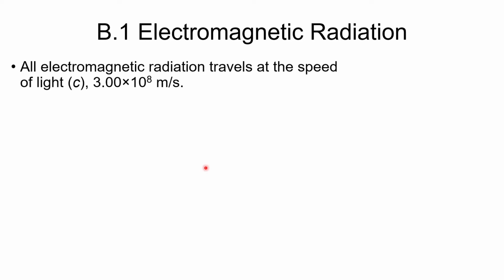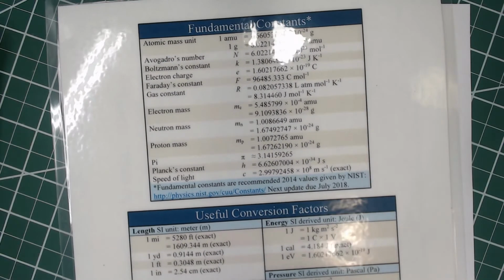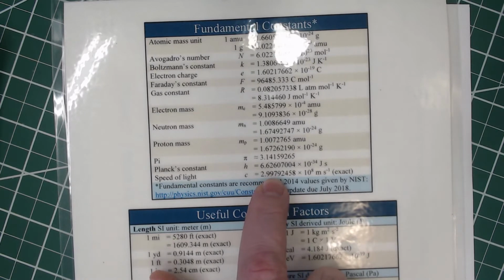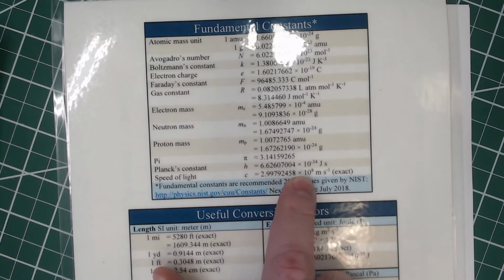So we'll find that all electromagnetic radiation travels at the speed of light, which is about 3.00 times 10 to the 8th meters per second. The actual number, if you look on the periodic table that is available on the website, you'll see here we've got the speed of light, and that is the exact value by definition, 2.9979248 times 10 to the 8.